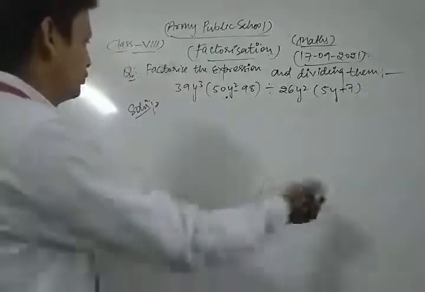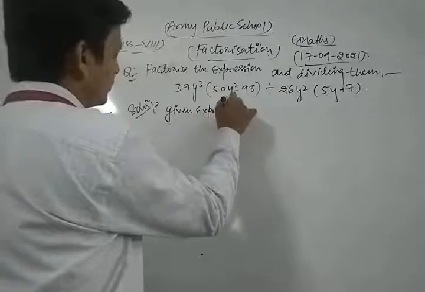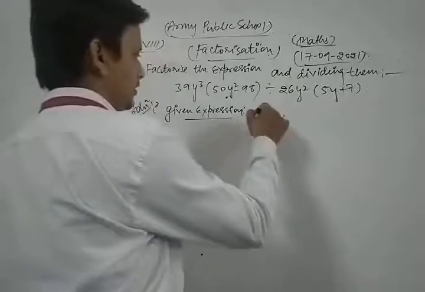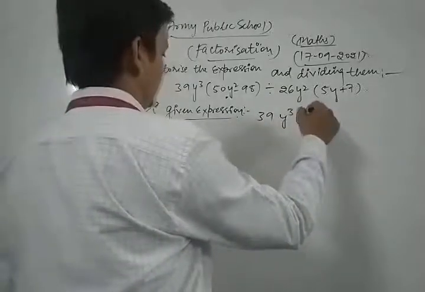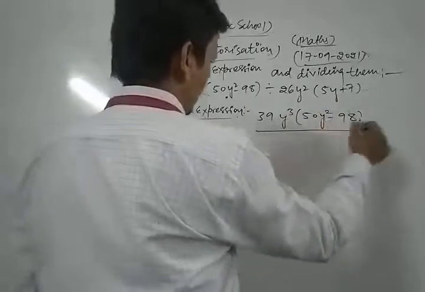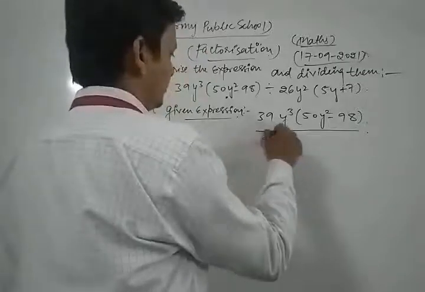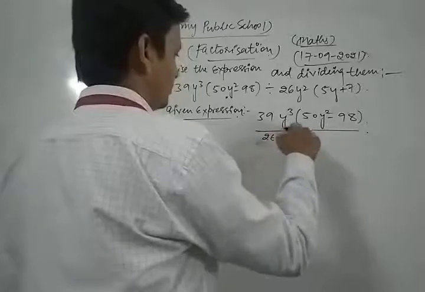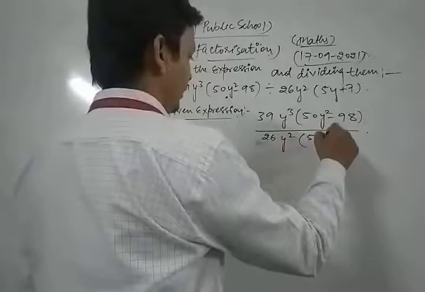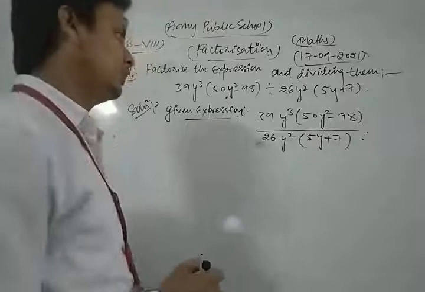So the given expression is 50y square minus 98 divided by 26y square in bracket 5y plus 7.